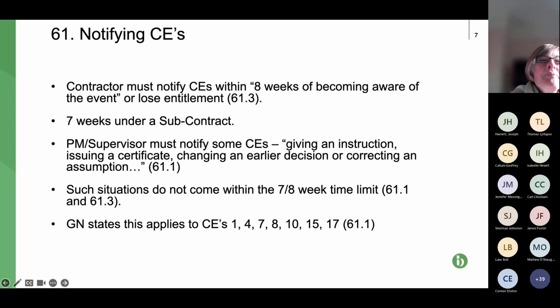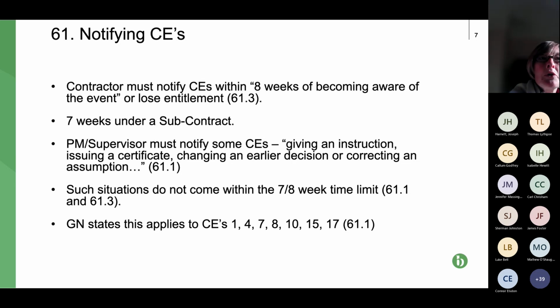There is a little bit of a reprieve for contractors and subcontractors. This is this third bullet point where the project manager or the supervisor, so they're engaged by the client/employer, has to notify some of the compensation events. So these are described as those giving an instruction, issuing a certificate, changing an earlier decision, or correcting an assumption.